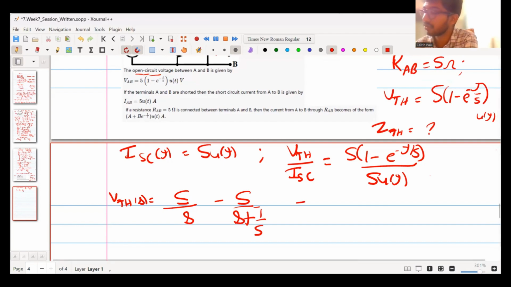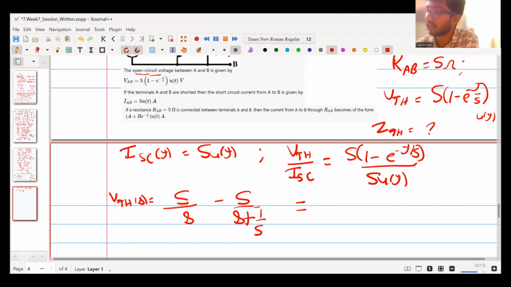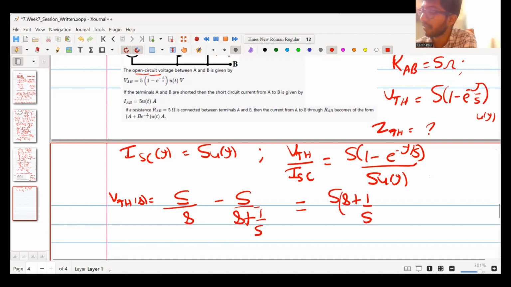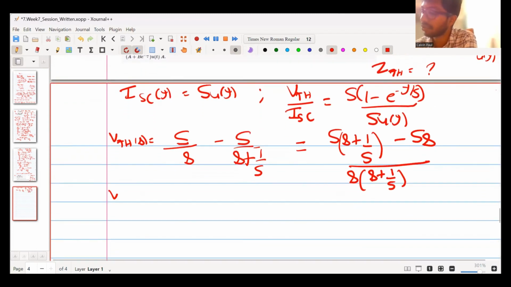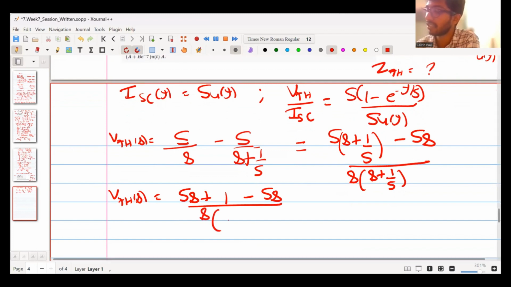So now you have to cross multiply. So it becomes 5 by S plus 1 by 5 minus 5 into S upon S into S plus 1 upon 5. So VTH of S is equal to (5S plus 1 minus 5S) upon S into S plus 1 by 5.